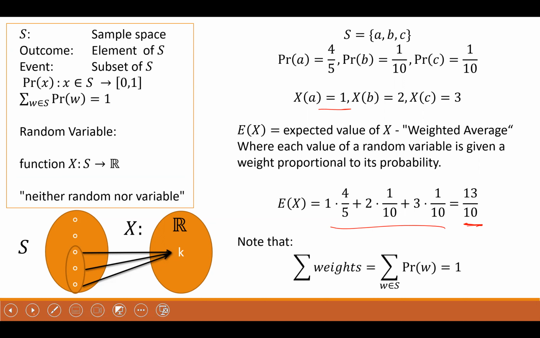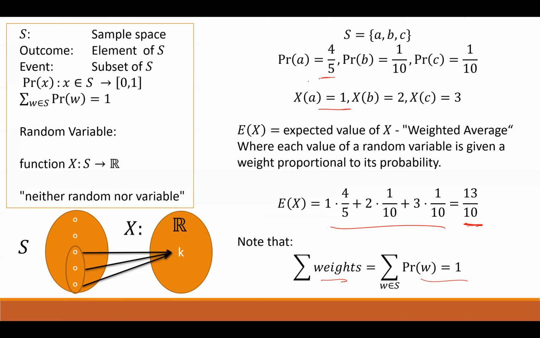Of course, if I take the sum of the weights, I mean the probabilities, these have to sum up to 1. In order to get an average, I have to consider every possible outcome.